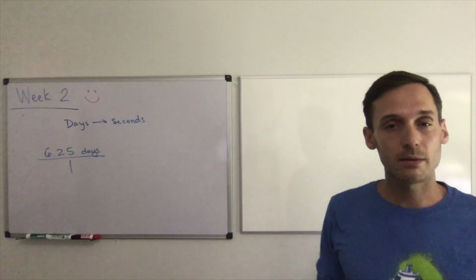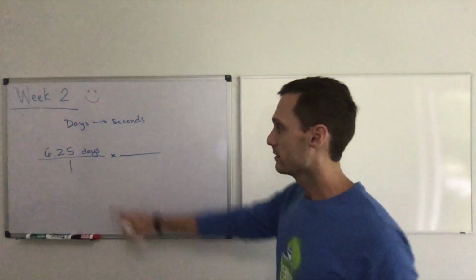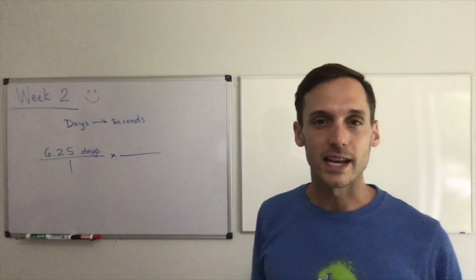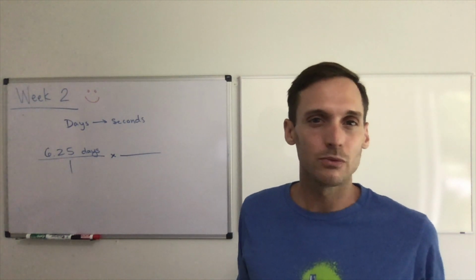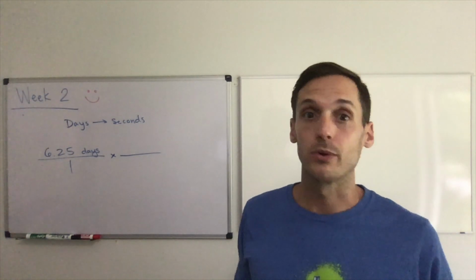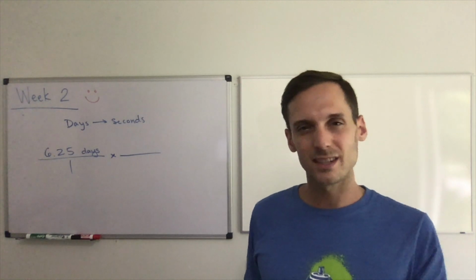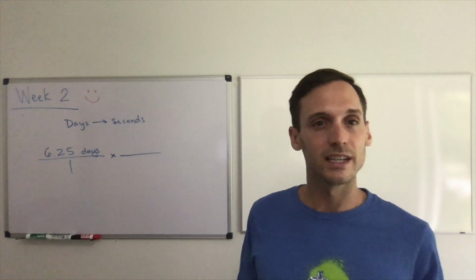Okay, so let's think about the fraction that we can first put here to cancel out the unit of days. Now, what do we know? Does anyone know off the top of their head how many seconds are in a day? Probably not. So we can't really go directly from days to seconds because we don't know how many seconds are in a day.